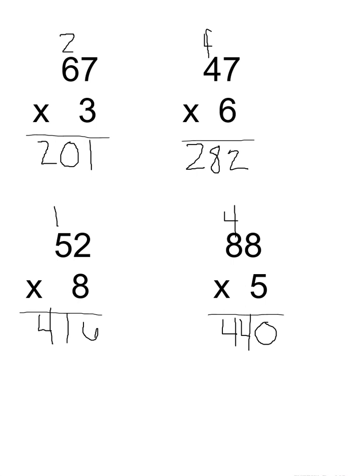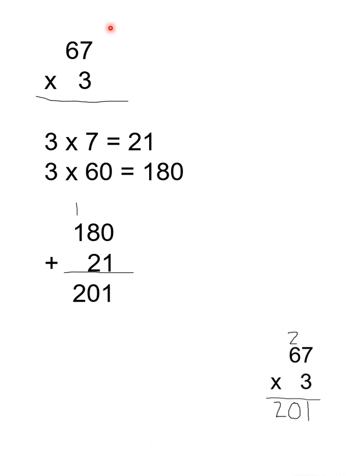Now, on the next slide, I'm going to show you how to do a problem using partial product, okay? All right, so this is how the partial product, how I've been showing you, and we're going to see the difference between partial product and the old-fashioned way of multiplying.